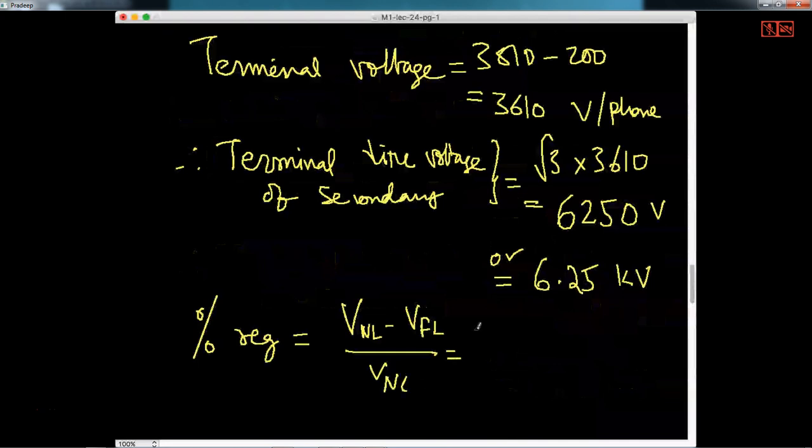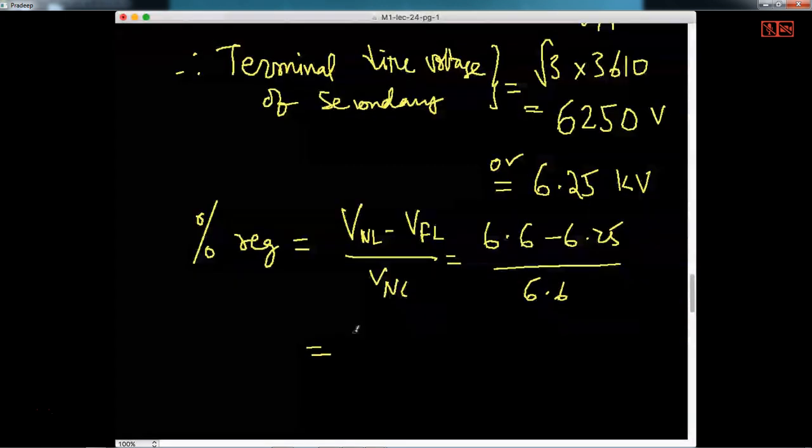So let us see how much we get. I am getting 0.053, which is nothing but 5.3% regulation.